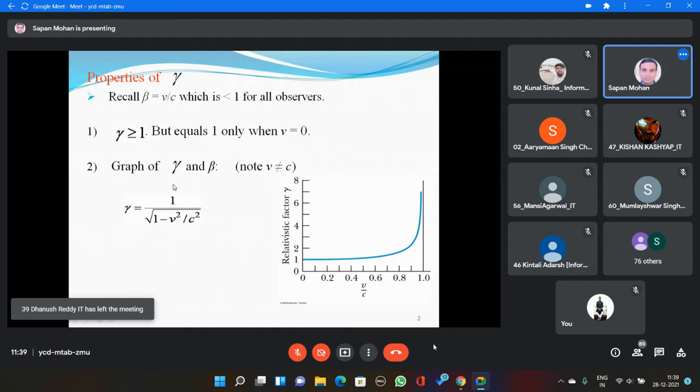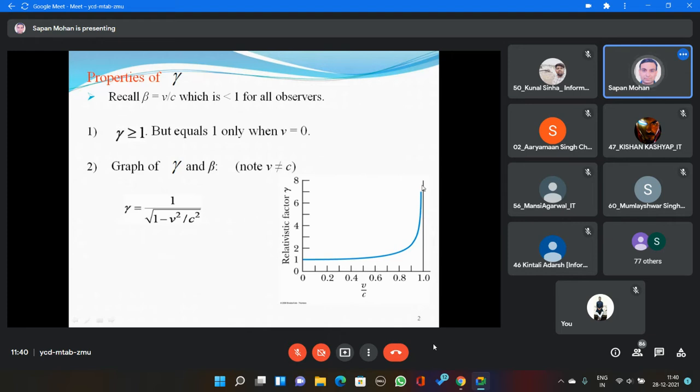Now, if we plot a graph between the factor gamma and v by c, increasing v towards c: the first values are 0, 0.2, 0.4, 0.7, and we will see gamma has the value 1. It is never less than 1. It is greater than or equal to 1, and it increases. When v is equal to c, what happens?